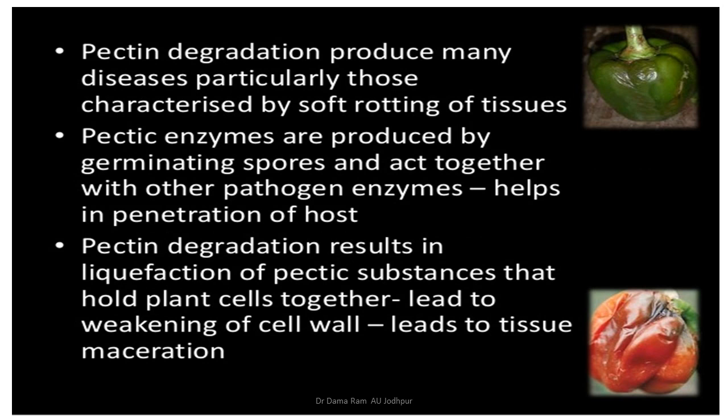Then next, pectin degradation produces many diseases. I already told you, particularly soft rotting fungi or bacteria. And one more thing is that the pectinase enzyme is secreted by germinating spores, meaning the pectinase is secreted at early stages, so they can easily invade the plant cell wall and help in penetration of the host.